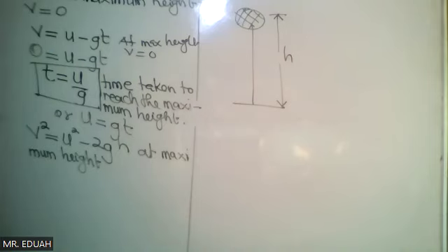Nobody is talking. What is the condition at the maximum height? When the body is going up, what happens at the maximum height? The velocity comes zero.